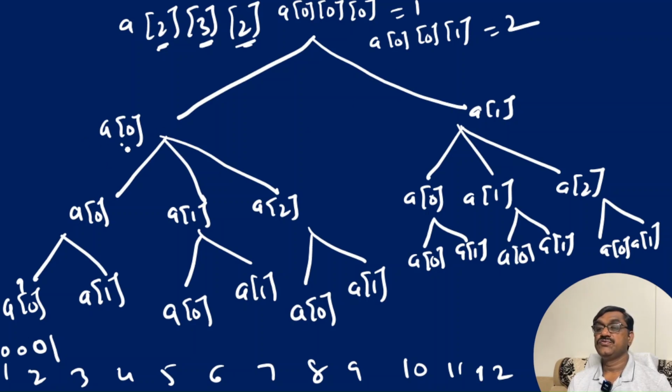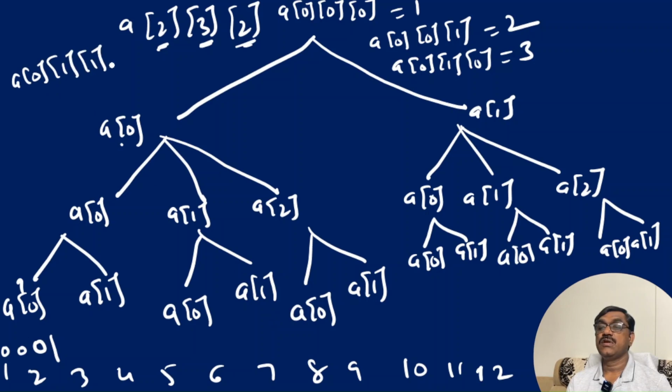Next, A of 0, 1, 0. A of 0, 1, 0 is equal to 3. Okay. Next A of 0, 1, 1. A of 0, 1, 1 equals 4. Next, A of 0, 2, 0.